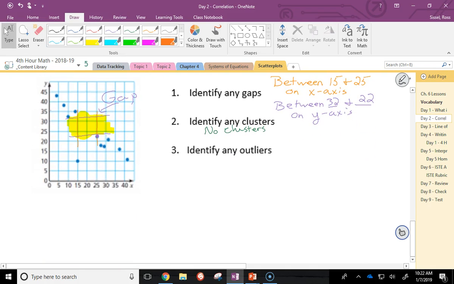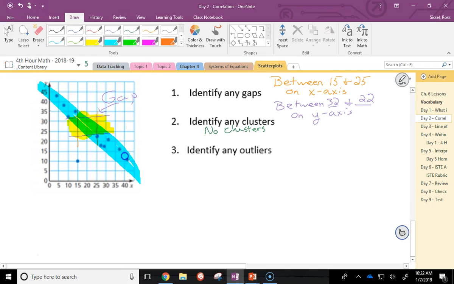If I look, and I'm going to think about my correlation. What type of correlation do you think we have here? Is it a positive, a negative, a curve, or a nonlinear, or a no? It's a negative, right? So, if I'm thinking it's a negative, notice all my points should be kind of following along like this.